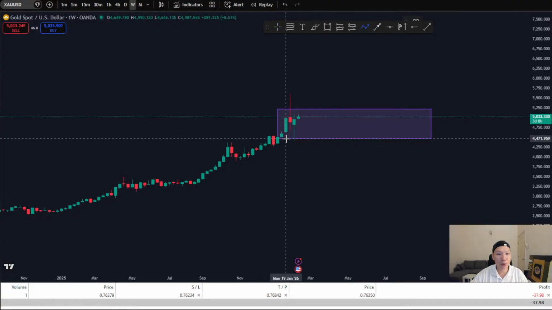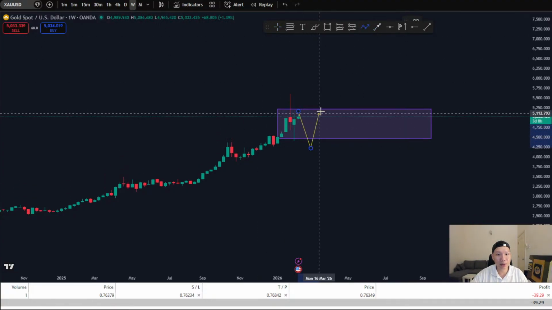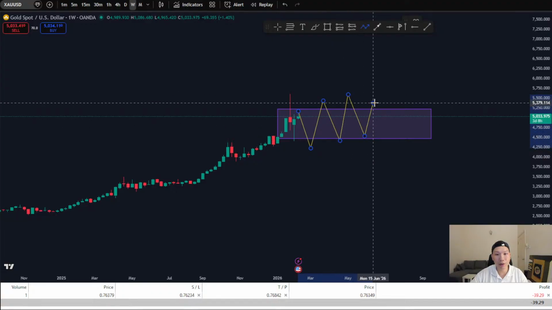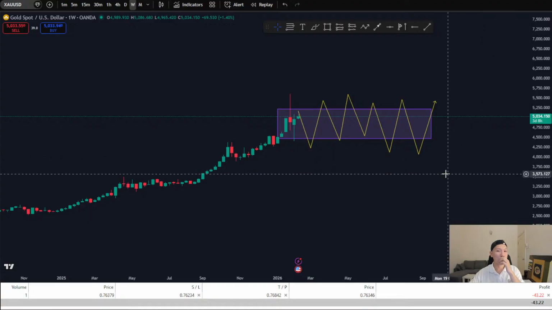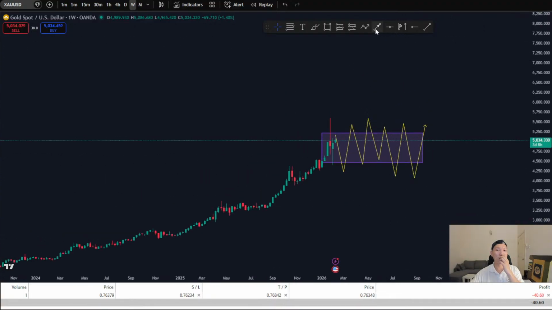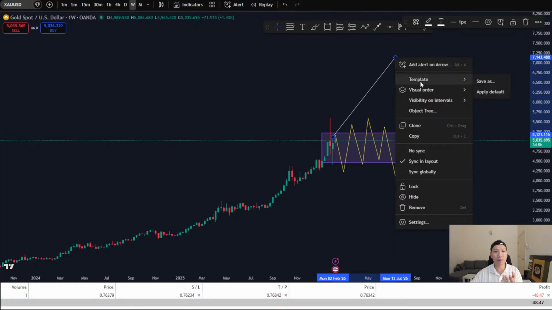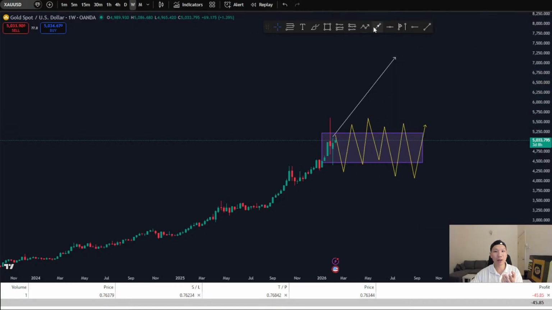I'm not sure. Will it be like this to form a balance? So the truth is nobody is sure, right? We can't really base on the structure. We don't know if it will go up or if it will start from here and then start to go up again.